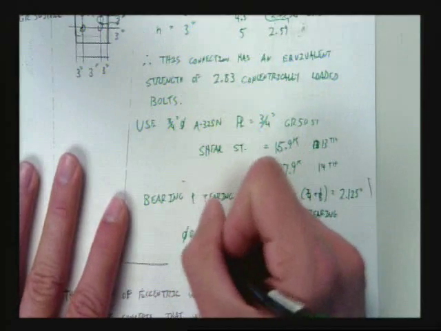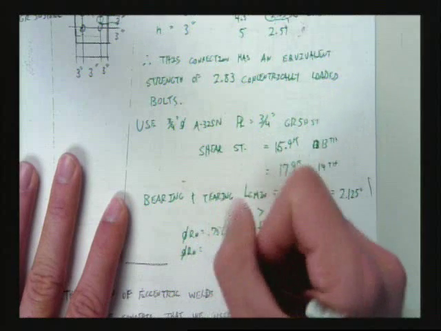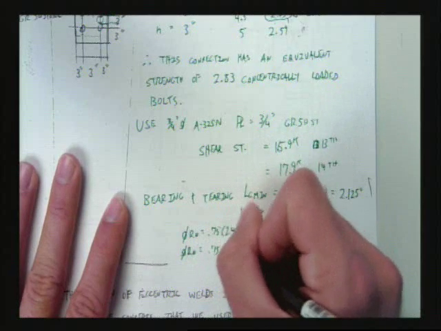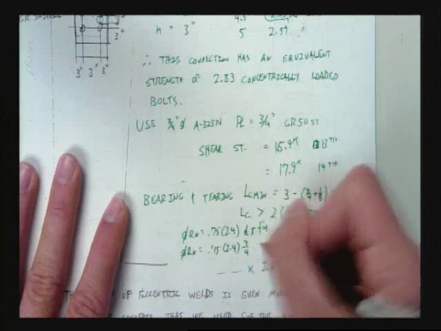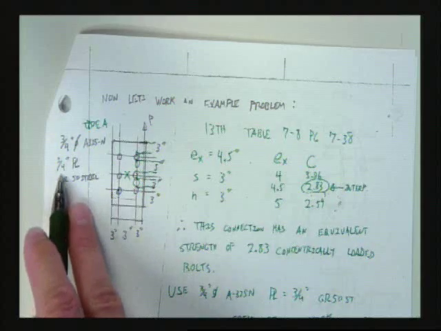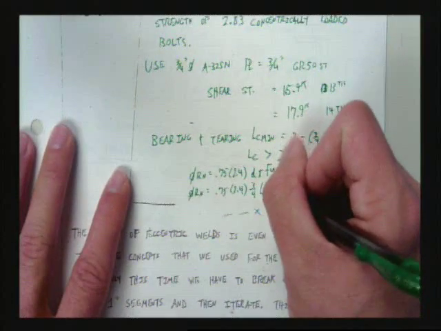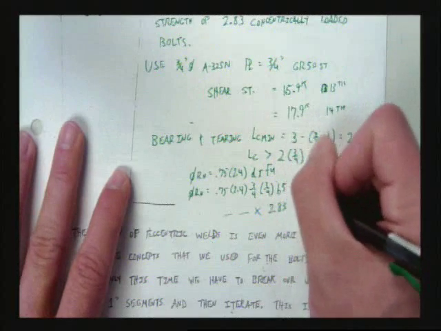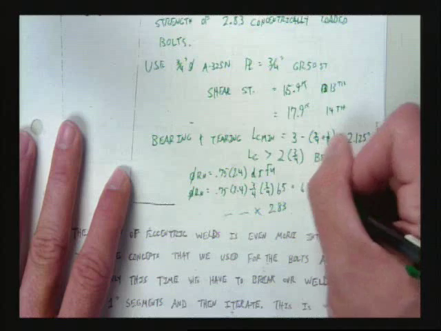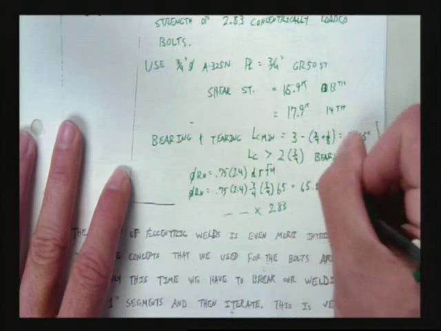So phi RN is equal to 0.75 times 2.4 times 3/4 of an inch times my thickness. What's my thickness? 3/4 of an inch. Times 3/4 of an inch times 65 KSI is equal to 65.8 kips.